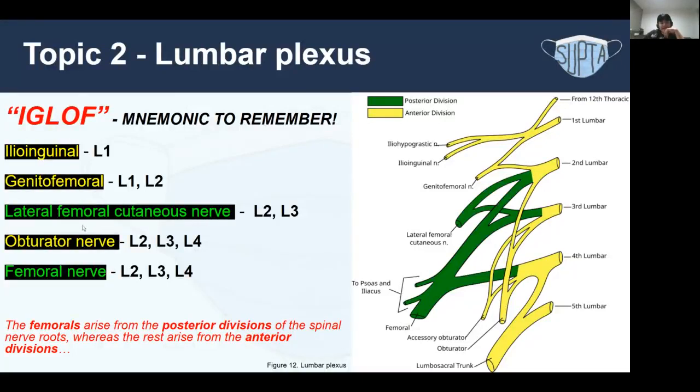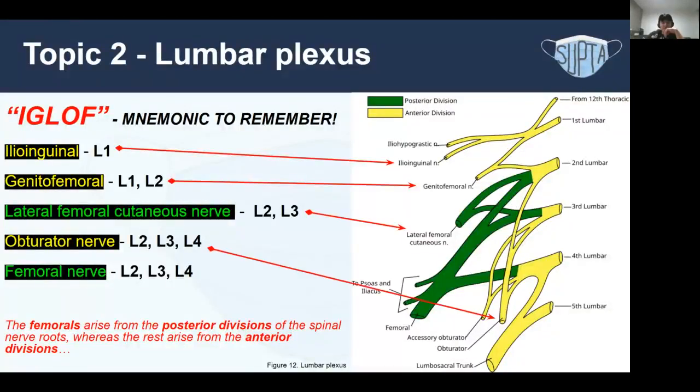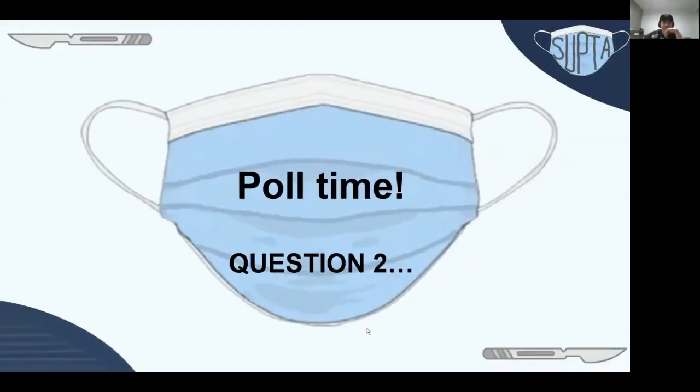If you think about it, they innervate the anterior, so it can confuse you, but basically it's just the other way around, really. The divisions that make up these nerves are opposite to where they will end up. So posteriorly, these femoral nerves arise from the branches, but anteriorly, these other nerves also arise from the spinal nerve roots. So those are the nerves. I've got another poll.